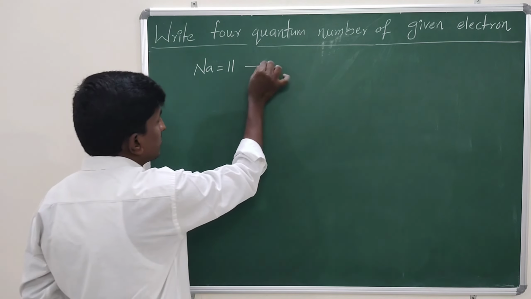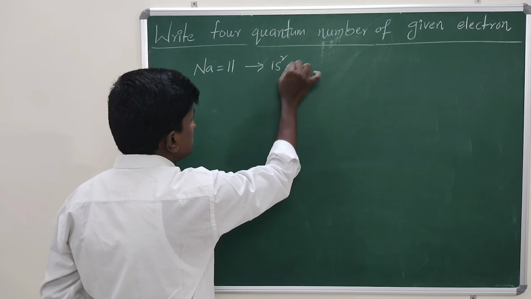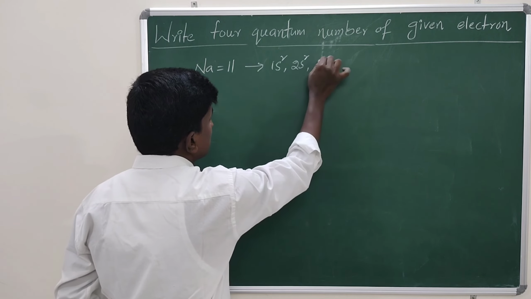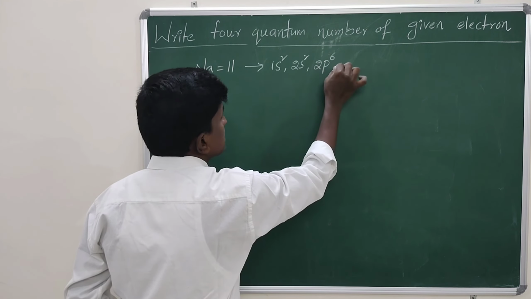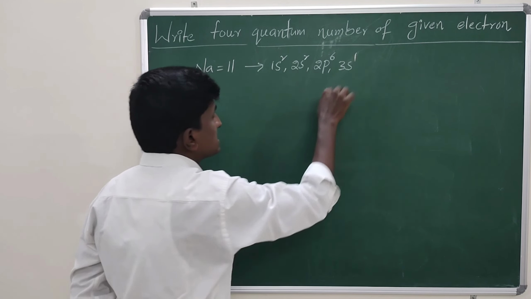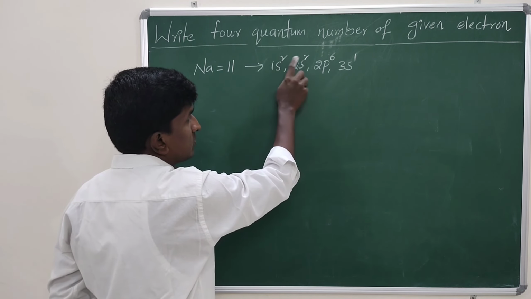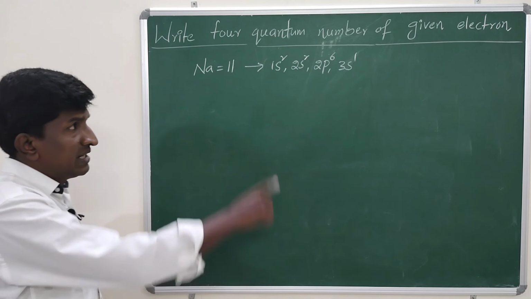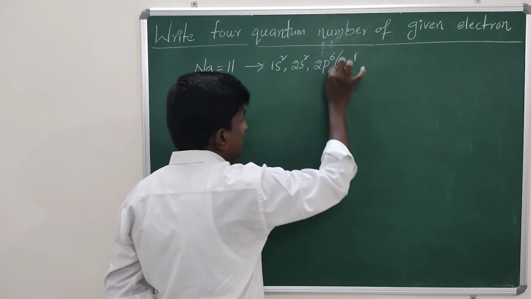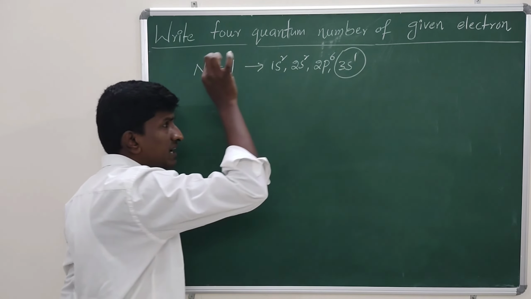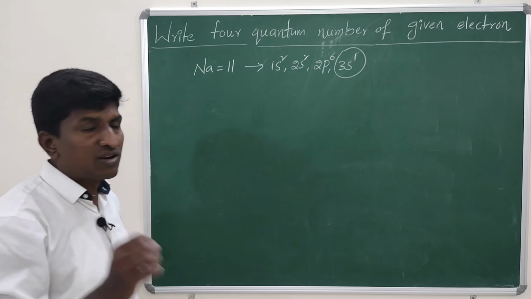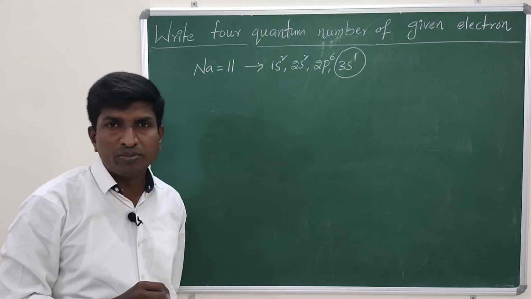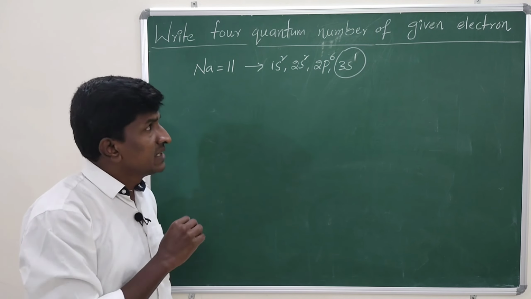Then its electronic configuration is 1s2, 2s2, 2p6 and 3s1. So 2 plus 2 is 4, plus 6 is 10, plus 1 is 11. So this electron is said to be the differentiating electron of sodium, because that electron is present in the outermost orbit, the valency electron.